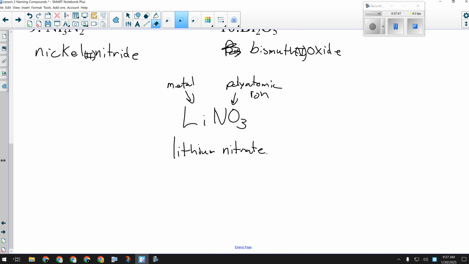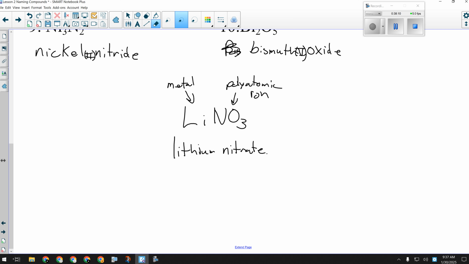So if you get a compound that starts with a metal, but then appears to have more than one thing after it, you're dealing with an ionic compound that contains a polyatomic ion. They're really easy to name because you don't have to change anything. All you have to do is look it up on that chart and write the name exactly as it appears in there.